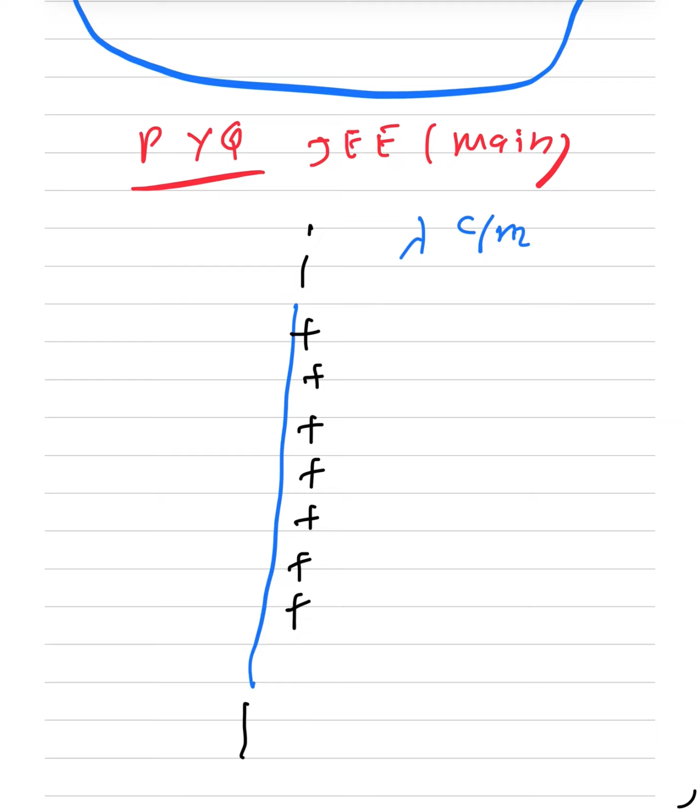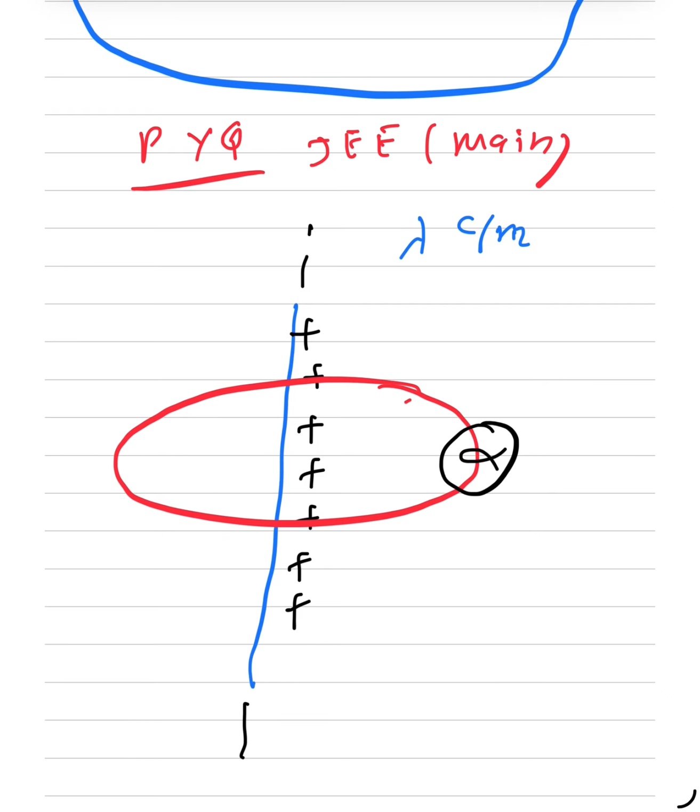An alpha particle moves around the charge rod along a circular path like this, with speed of v. Find the speed of the alpha particle.